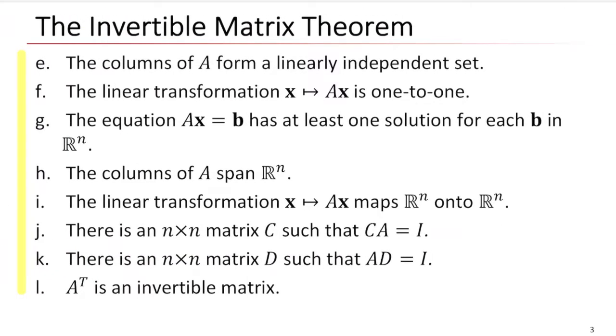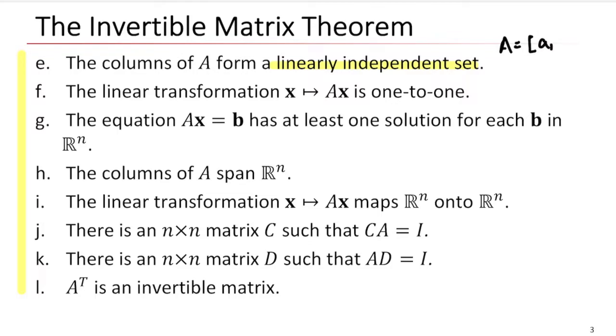The columns of matrix A form a linearly independent set. What does that mean?